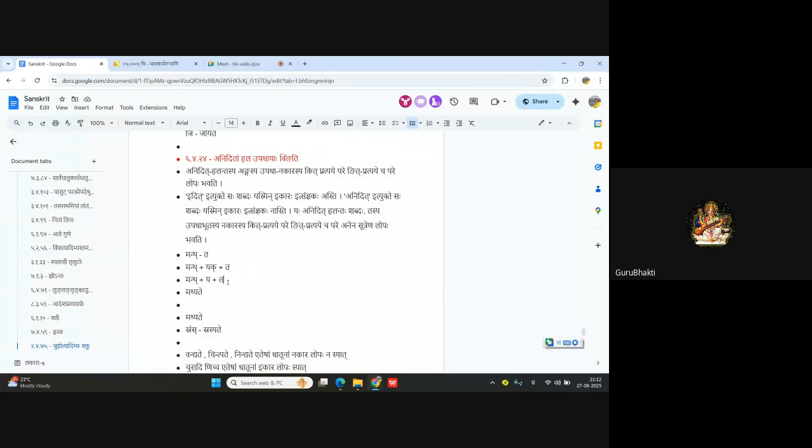Here we don't know how to make this mathyate, because the sutra to change takara to tekara has not been introduced here. But in Laghu, Varadarajacharya has arranged it in a particular order.